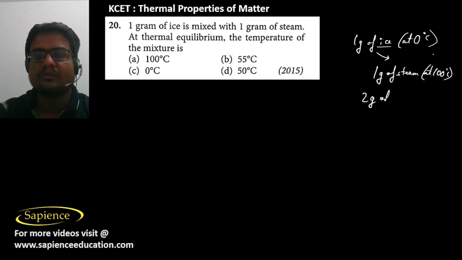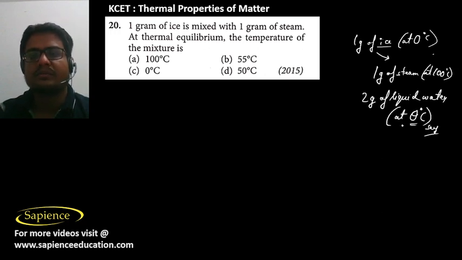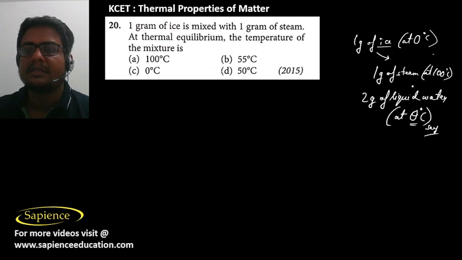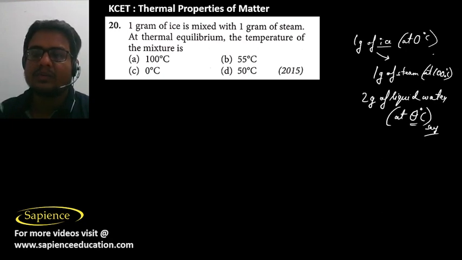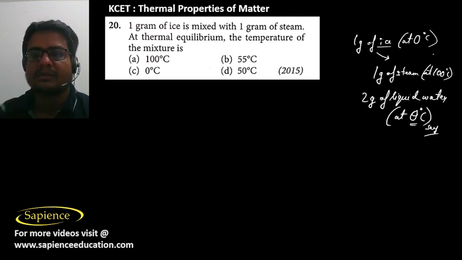It means that 2 gram of liquid water will be obtained, at temperature theta degree Celsius, suppose say. So that theta we have to find. What is the temperature at thermal equilibrium? So when ice will convert to water, there will be some absorption of latent heat, and when steam will convert to water, there will be a release of the latent heat.